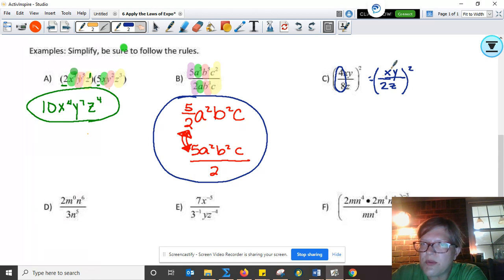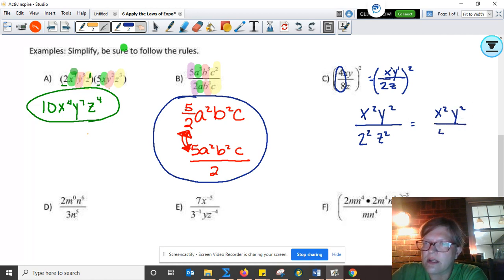And since there's no exponent, we know there's a 1. So it's going to be x squared, y squared, 2 squared, z squared. And that 2 squared is 4. So your answer is going to be x squared y squared over 4z squared. And that's your final answer.